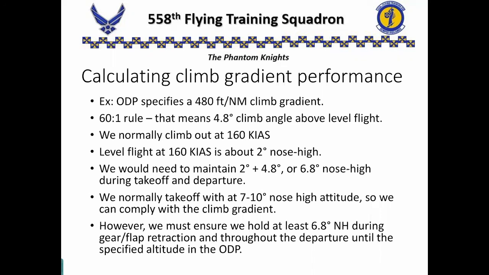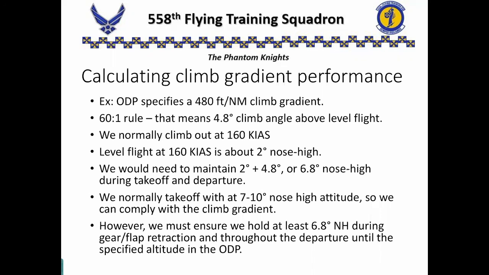But that is above level flight. We normally climb out at 160 knots indicated, and level flight at 160 is usually about 2 degrees nose high. So we need 4.8 degrees above that, or maintain 6.8 degrees nose high during our takeoff and departure.